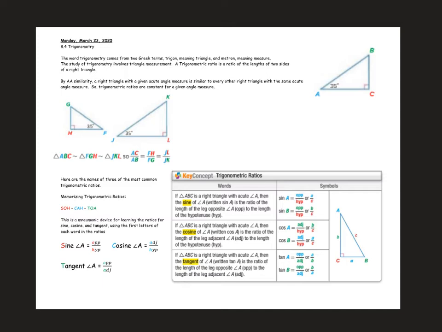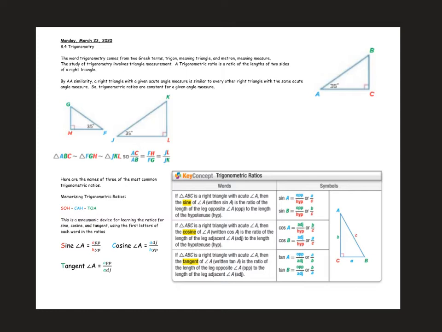There is a trick for memorizing trigonometric ratios, and it's known as SOHCAHTOA. It's a mnemonic device to help you remember the ratios for sine, cosine, and tangent.